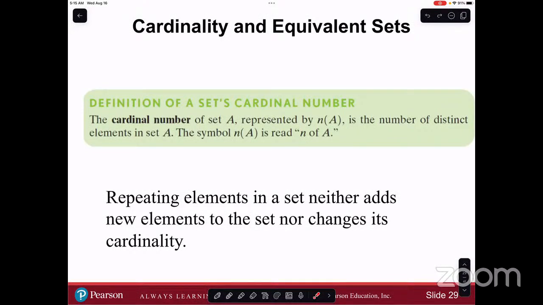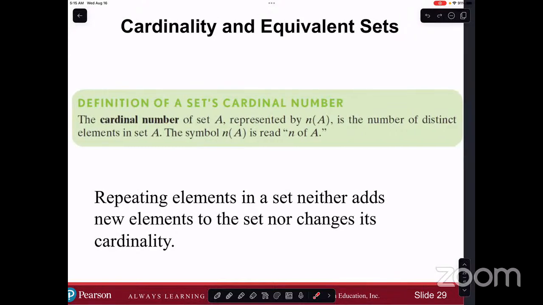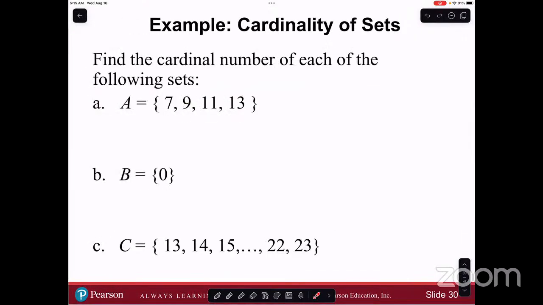So find the cardinal number of each of the following sets. The number of elements in set A, it's four distinct elements, so it should be 4. Set B has one element, 0, so we're going to say 1 there.